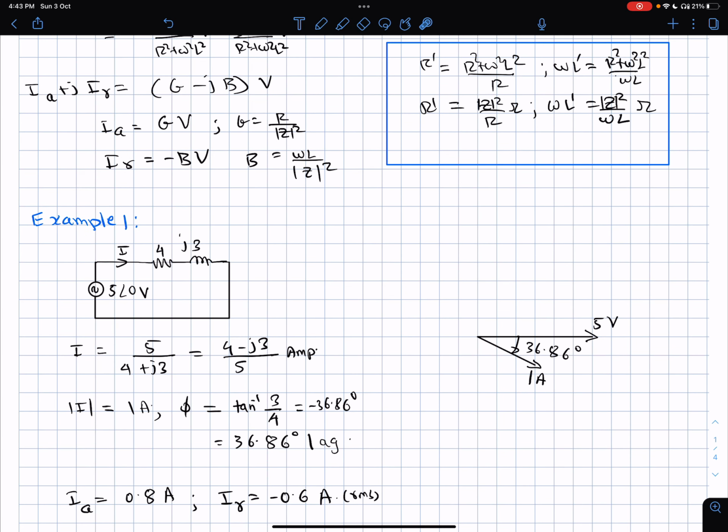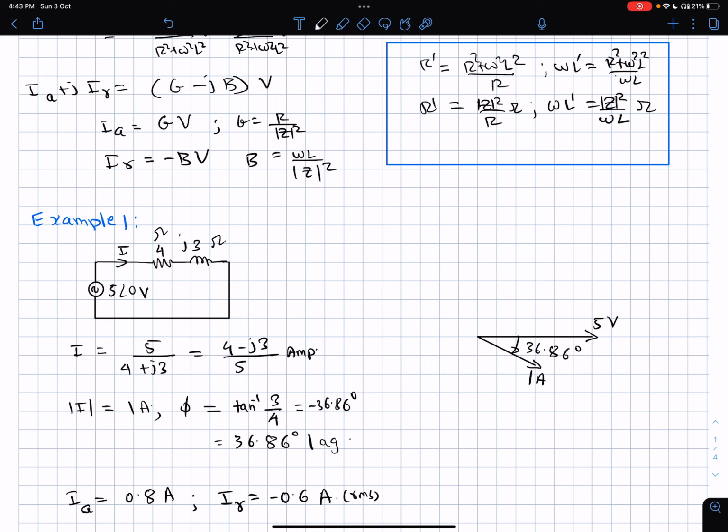In this example, I have a 5 volt source connected to an impedance of 4 plus J3 ohms. So the resistance is 4 ohms and the reactance is J3 ohms, and unless otherwise stated, usually my frequency is 50 hertz, but it's not required here.